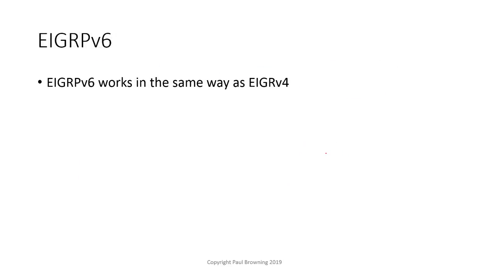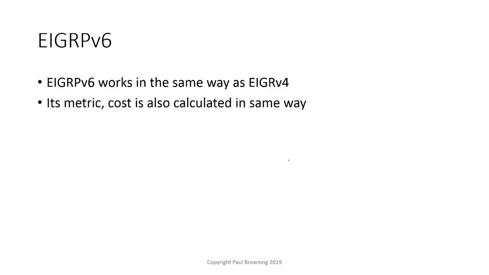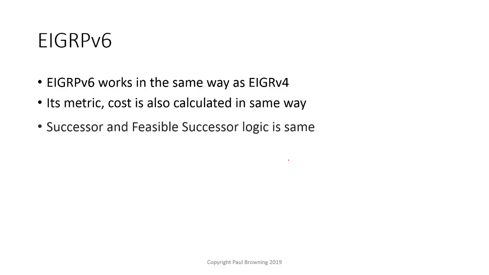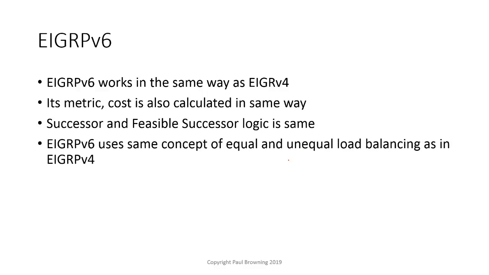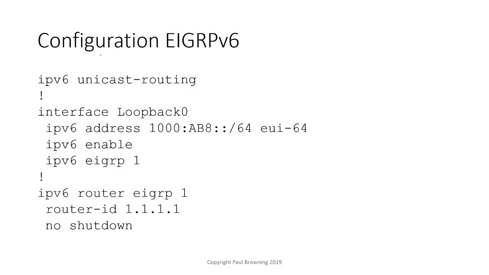For version 6, it works in the same way. Its metric cost is also calculated in the same way. Successor and feasible successors, the same concept of equal and unequal load balancing. The difference you'll see, obviously, you've got your IPv6 configuration, your IPv6 address, but here IPv6 is for your addressing also.